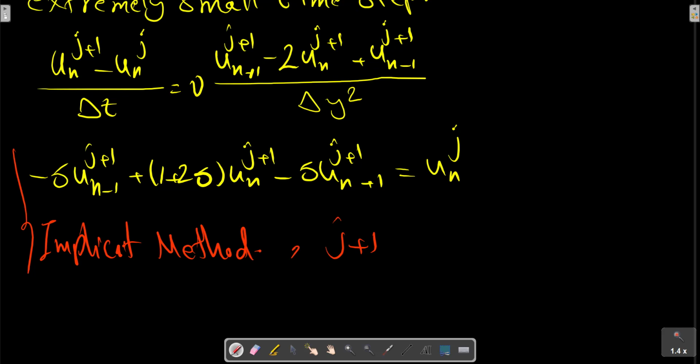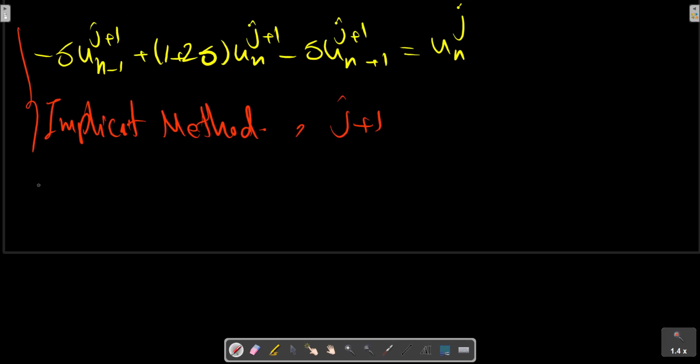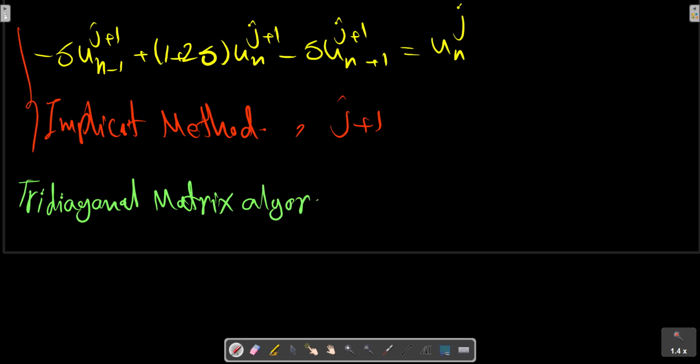A direct method called the tridiagonal matrix algorithm, TDMA, is available and explained in the various references.